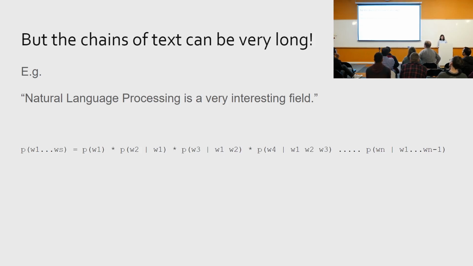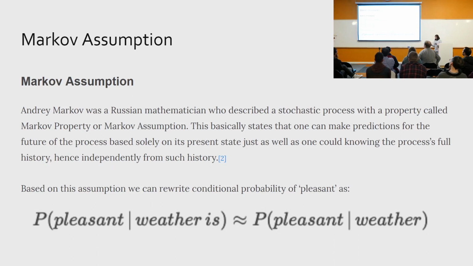Okay, good. So luckily, we have something. We can use the Markov assumption. Andrei Markov said that one can make predictions for the future of a process based solely on the present state, just as well as one could knowing the process's full history, hence independently from the history.